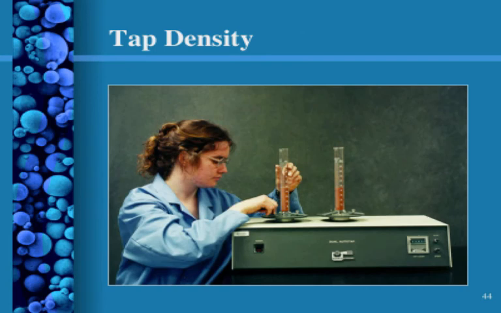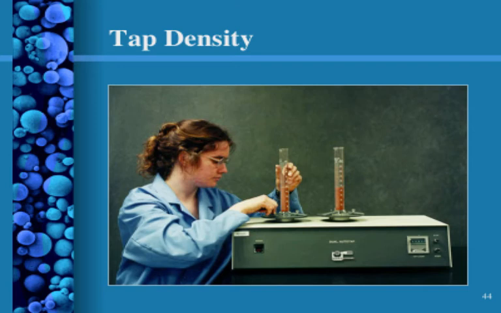Tap density: there are standardized tests where you take a measuring cylinder and clamp it down with the powder, and there's a vibration intensity and vibration time, how fast you tap it and how long you tap it for. In this case it's just mechanical vibration.